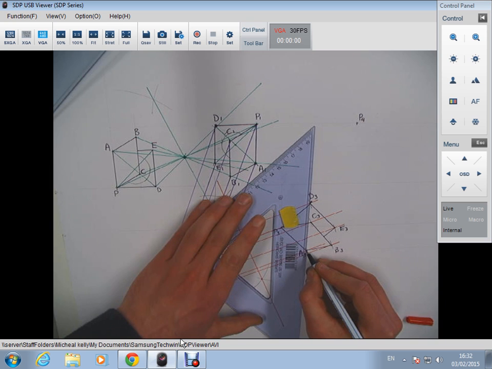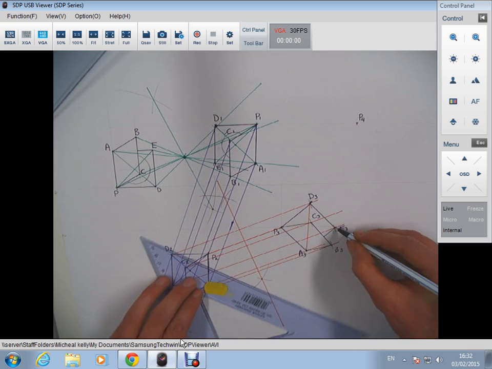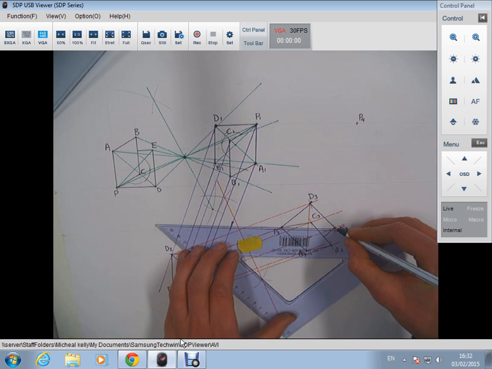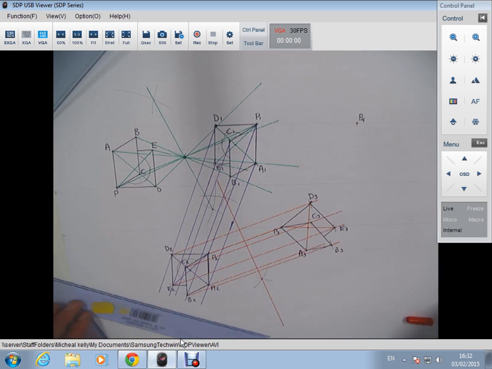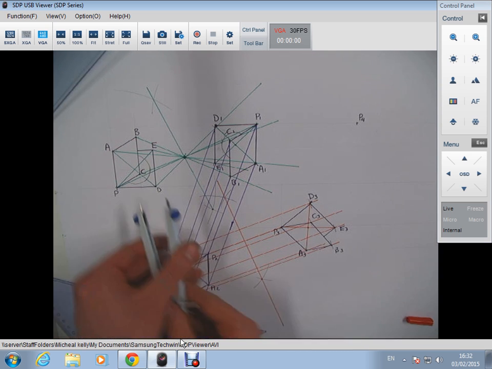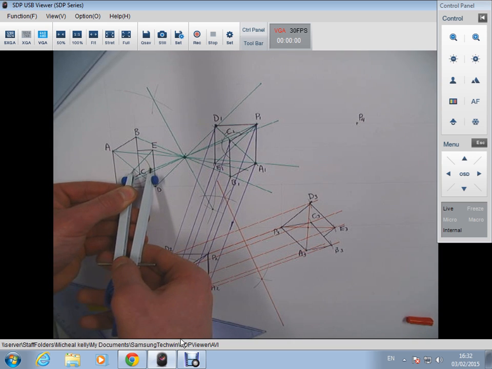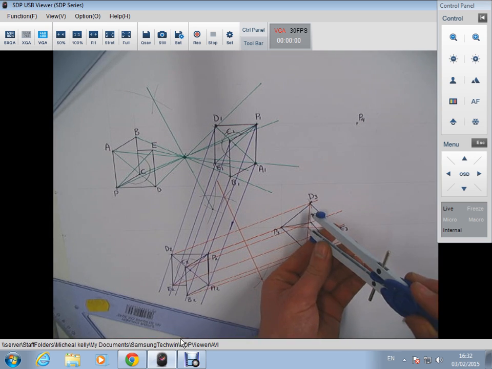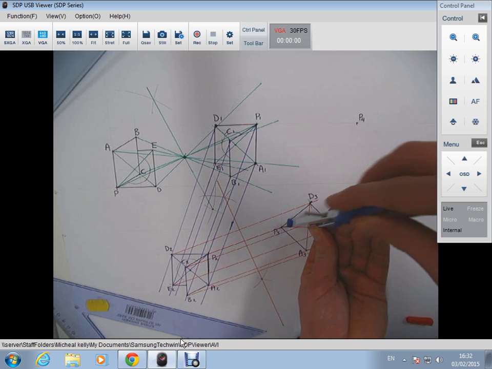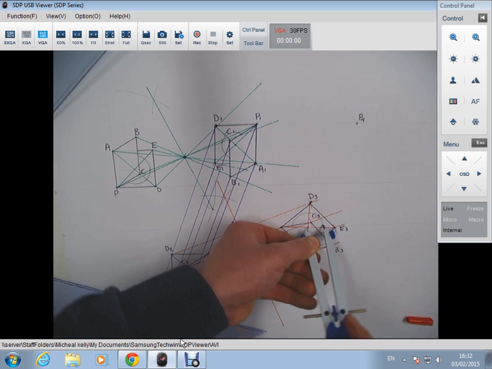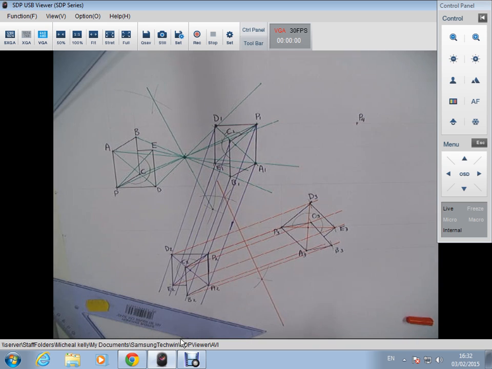Join D to A to find the center for my curve. E to P, a point here, and set my radius. And I'm going to draw the line from line PC around to the line CB.